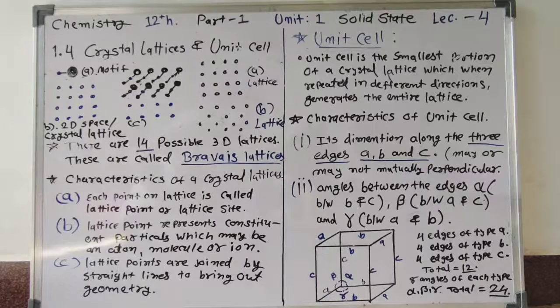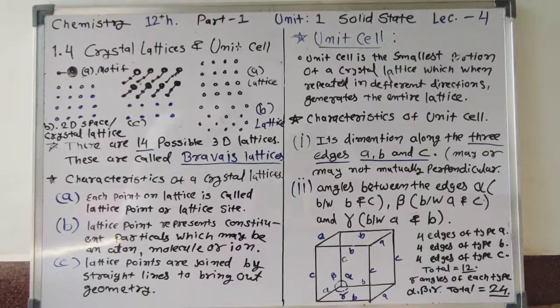Now, one can choose a unit cell in many ways. Normally that cell is chosen which has perpendicular sides of shortest length, and one can construct the entire crystal by translational displacement of the unit cell in 3 dimensions. So in a simple manner, you can connect different dots and carry out different types of unit cell structure from the same type of crystal. But which structure should actually be chosen?